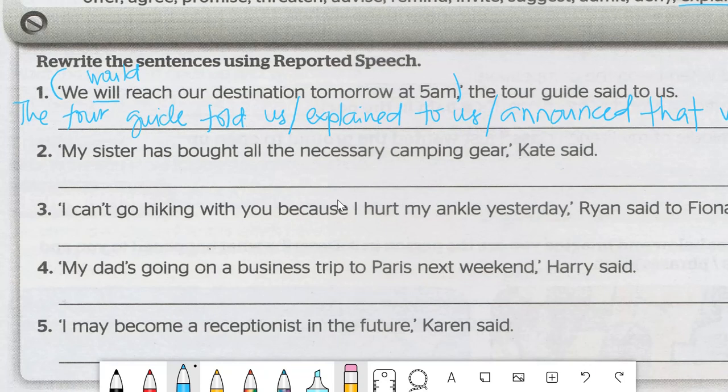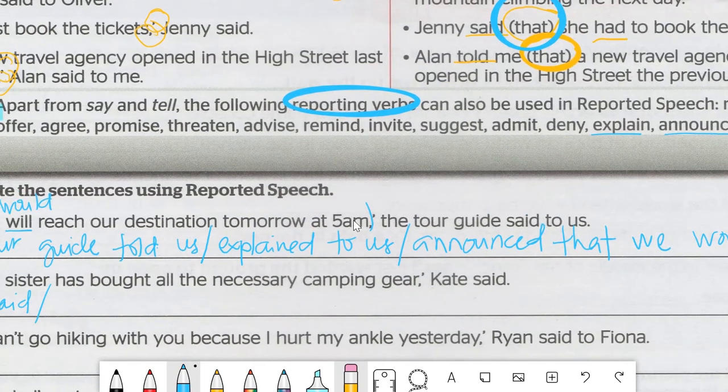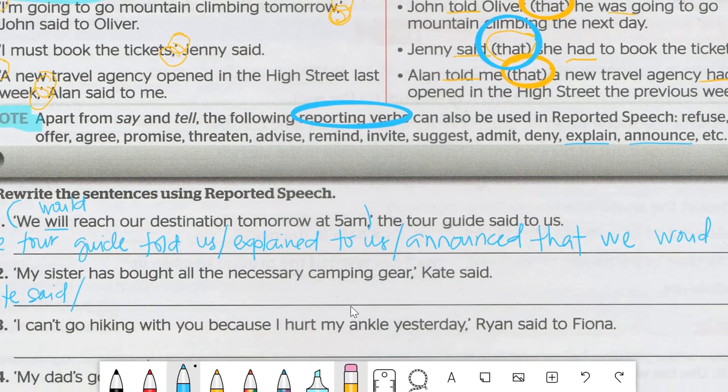So, okay, start with Kate. Kate what? Kate said. Okay, what are other reporting verbs that we can use? Kate said what? You can use explain. And then we can also use announce. Other than that, is there any?